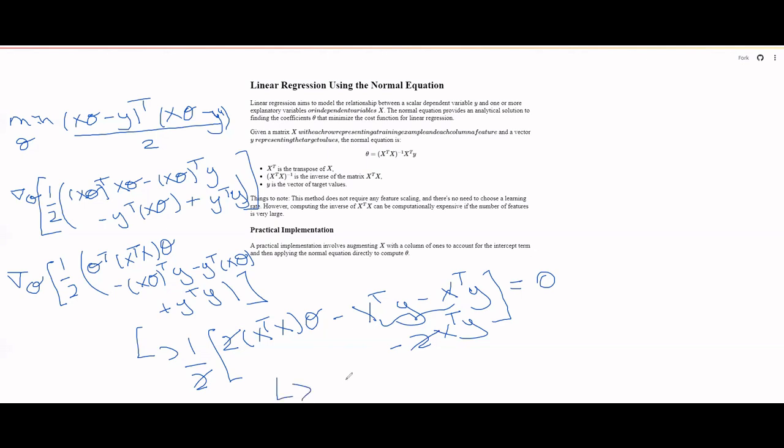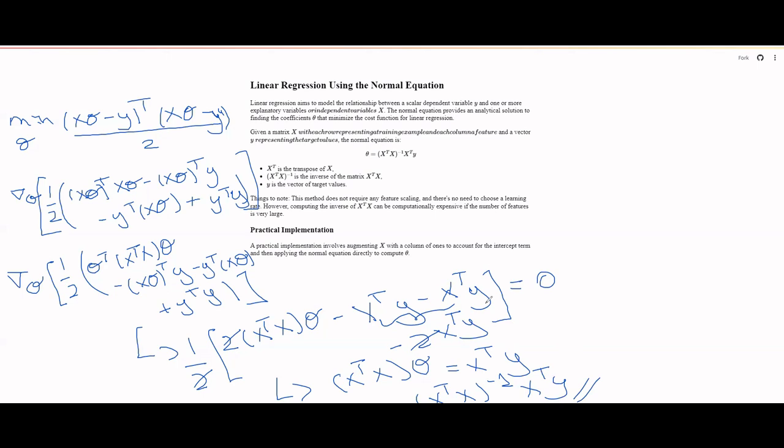And then this expression is going to be x transpose x theta equal to x transpose y. And in order to get rid of this x transpose x here, we're going to invert it and pass it along to the other side. And that's going to be the expression that we're looking for.